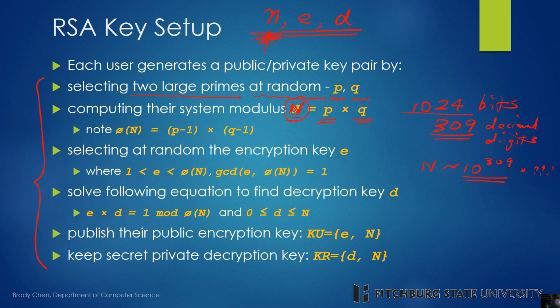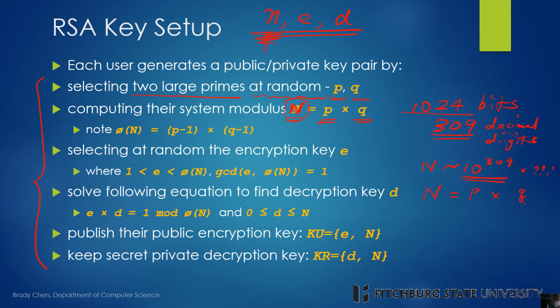They should be different, but let's assume they are about the same size. So we can write n as two numbers, P and Q, and the multiplication should be about 10 to the 309. That's about the size of this number.